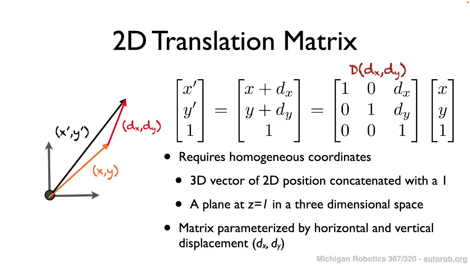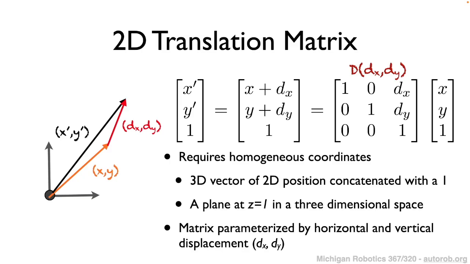And so if you work out what this matrix multiply will do, it'll perform exactly what we expressed on the previous slide, which is we'll form our new point x prime, y prime as being simply the x position of the vertex shifted by the translation in the dimension x, so that's d sub x, and y prime will be equal to the original y dimension of our input vertex shifted by the translation d sub y.